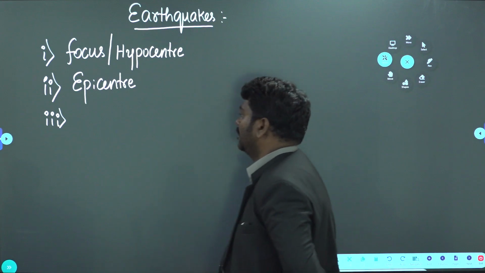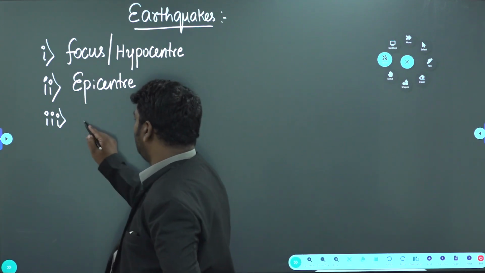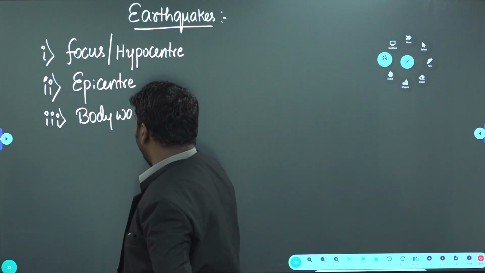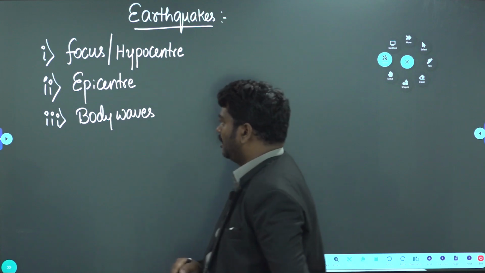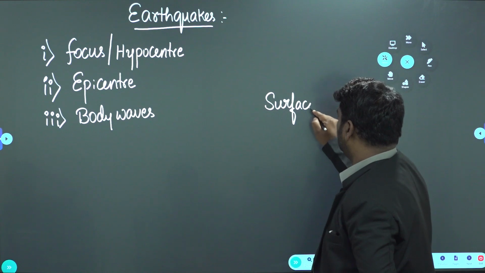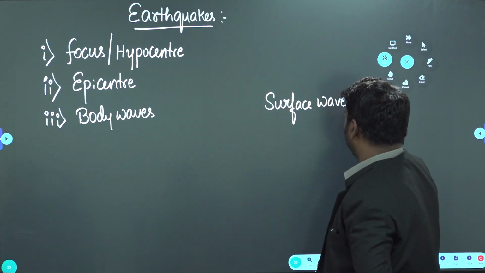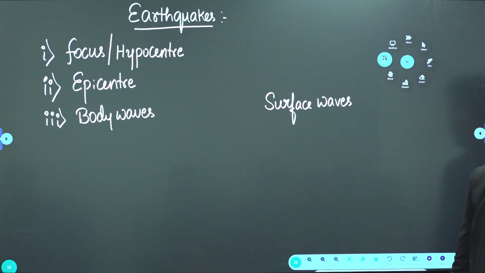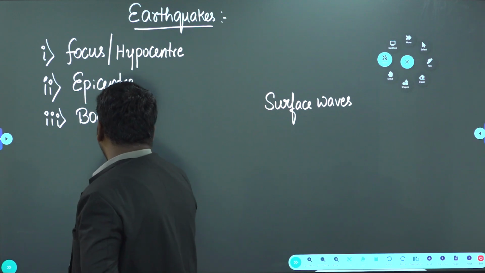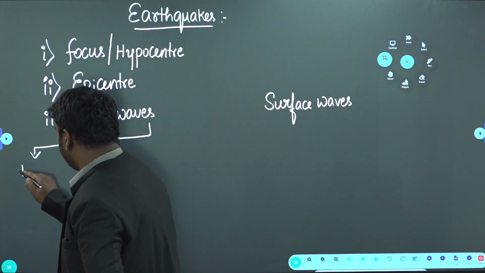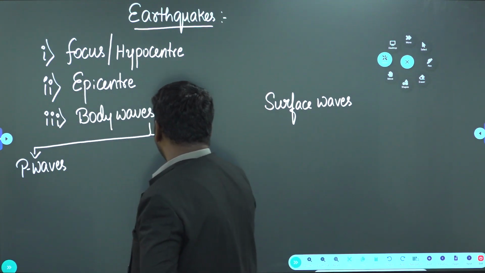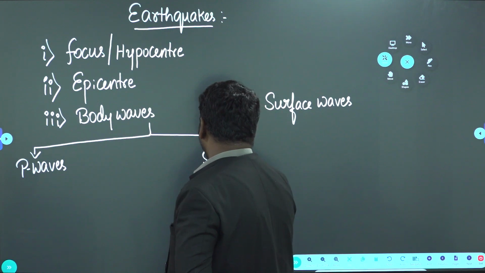Third, the waves which come out are divided into body waves and surface waves. Body waves are divided into P waves and S waves.